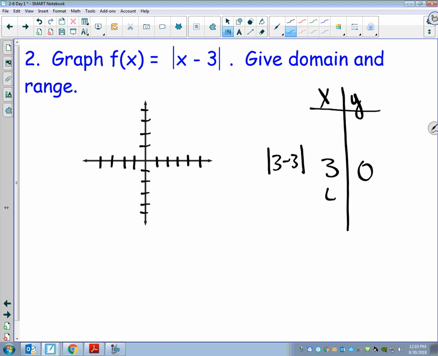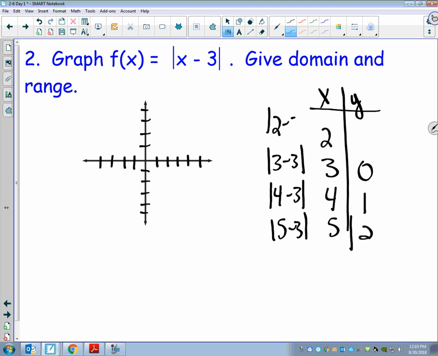If I pick one more than that, like 4, that would be the absolute value of 4 minus 3, which is 1. If I pick 5, that would be 5 minus 3, which is 2. And if I go the other way, if I pick 2, then 2 minus 3 is -1. But remember, absolute value means that it's positive.